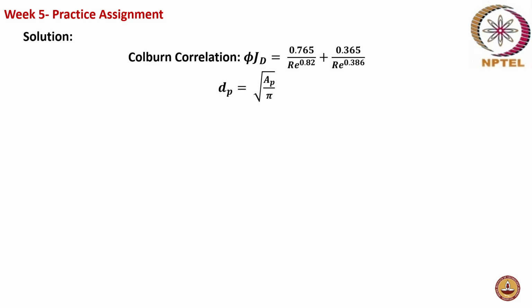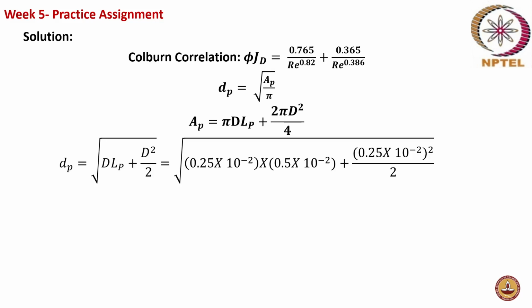Here your diameter will become the square root of Ap by pi, where Ap is your available surface area, given by pi d Lp plus 2 pi d square by 4. Substituting the diameter and length of the catalyst pellet, you will get your diameter as 3.95 into 10 power minus 3 meter.